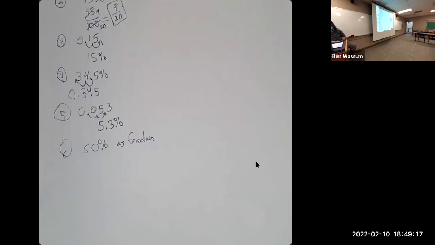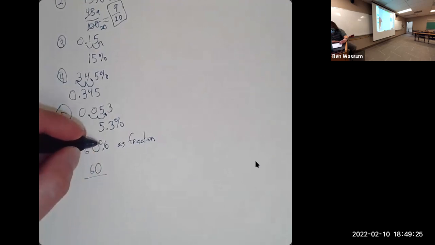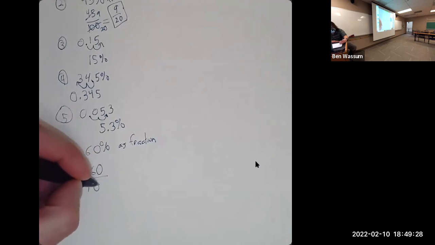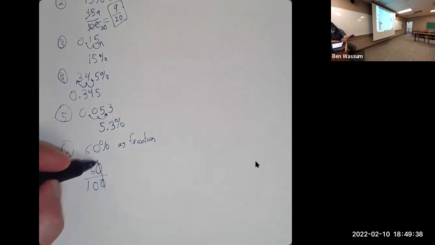And then number 6, we have to convert 60% to a fraction. So again, you take that percent, change it to a basic fraction. We have 60 over 100. Let's be cheap about breaking this down. I like doing that.